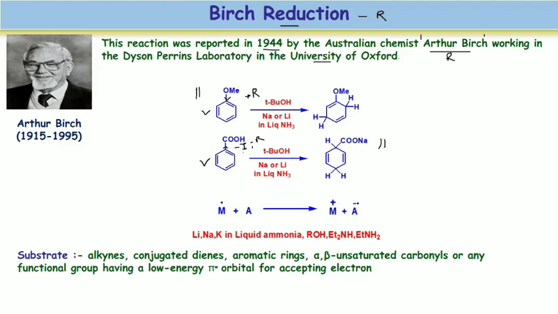So the benzoic acid molecule has a lower potential barrier for reduction. But the beauty of Birch reduction is that by applying Birch reduction, you can not only reduce an electronically deficient aromatic ring, but you can also reduce an electronically enriched aromatic ring to form an isolated diene product.